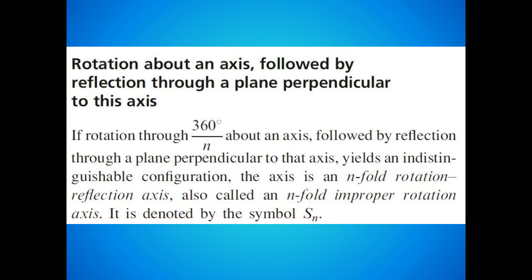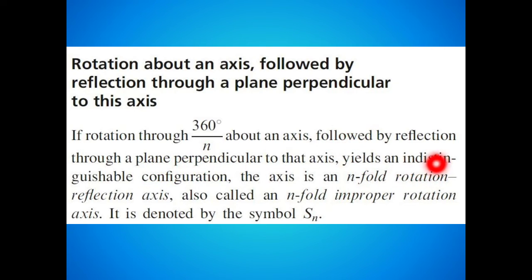So what do we mean by this element of symmetry? The first step is to do a rotation, as we did in the normal axis of symmetry. Then the second thing we have to do is reflect that molecule in a plane perpendicular to the axis. And then if you get the indistinguishable configuration, that axis will be called a rotation-reflection axis. Why rotation-reflection axis?